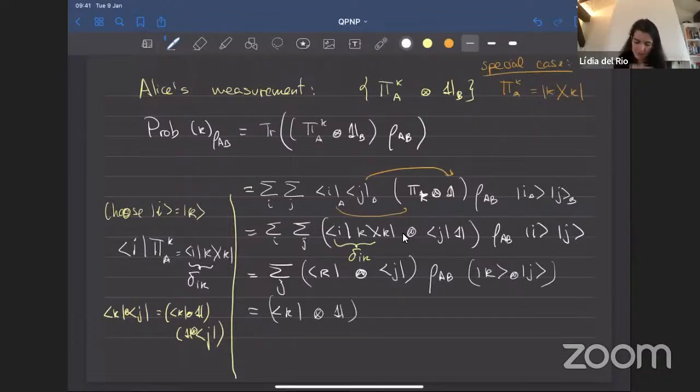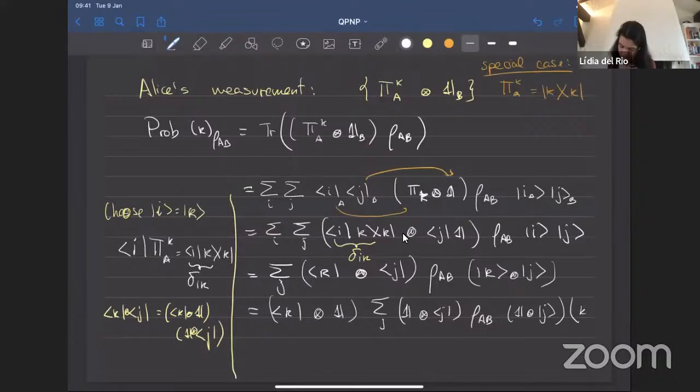And now comes the sum over j, identity tensor j, rho B, and now here identity tensor j, and now here comes k tensor identity. Okay, all right.